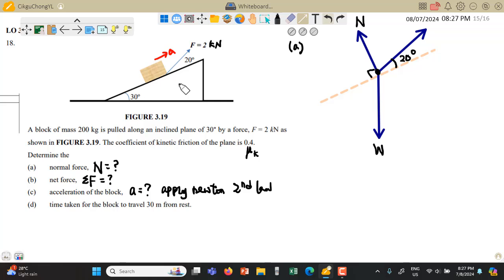Since we are given the coefficient of kinetic friction, we understand that this surface is rough, so there will be friction acting. We predict that under the action of the external force, the block is going to move up along the inclined plane, so we assume the friction is acting in the opposite direction, downwards. So we have Fk.